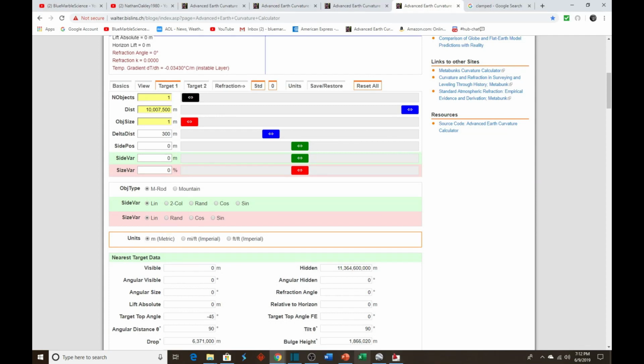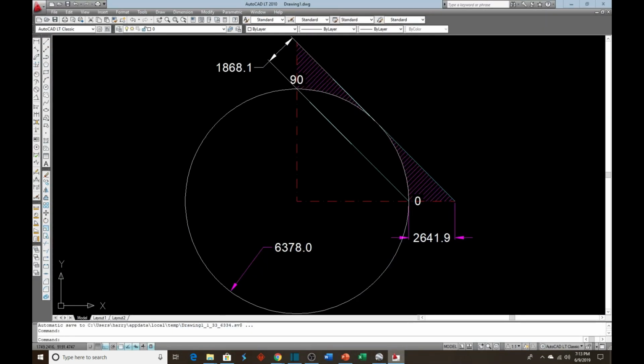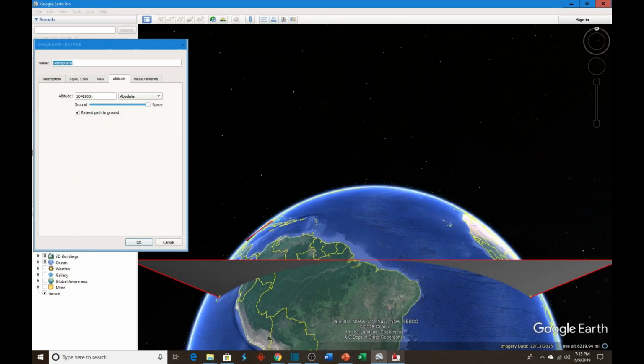All right, so back to Google Earth. And again, the altitude is actually the vertical distance, 2,641,900 according to the AutoCAD drawing. 2,641,900 is what I put in.